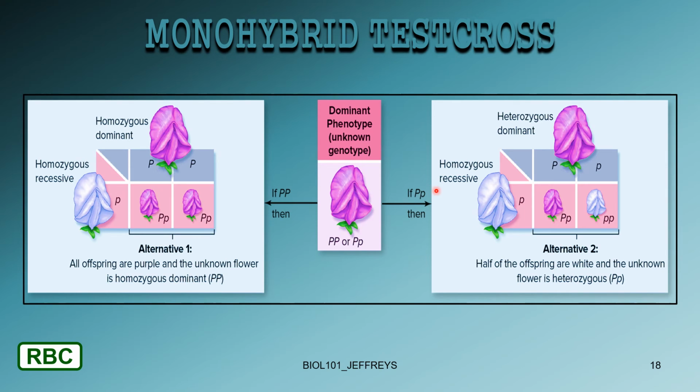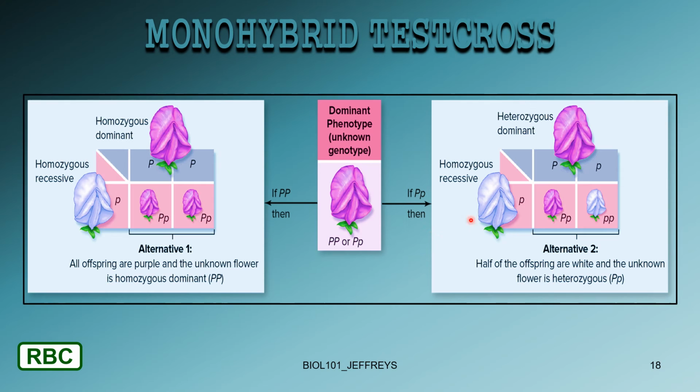And so we have two situations here. If you do the cross and you end up with all purple plants, that's what this represents here, then you know the white flower is not being expressed.